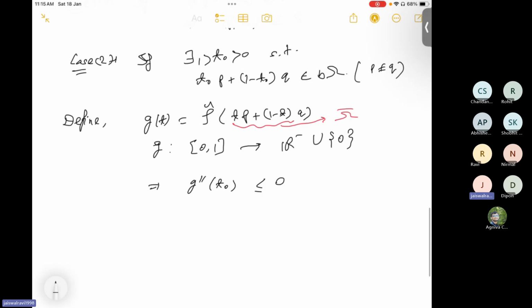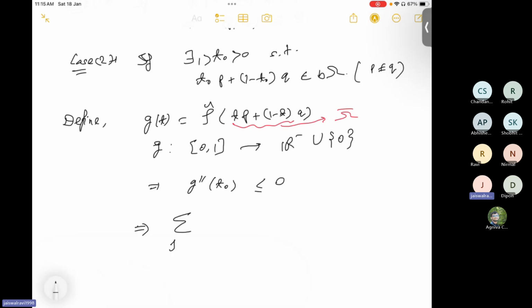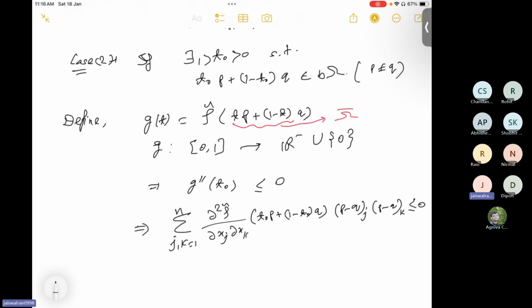If you write g double prime in the Hessian form of rho tilde, by using the chain rule, you get the sum over j, k from 1 to n of the second derivative of rho tilde with respect to xj and xk at the point t naught p plus 1 minus t naught q, times p minus q j and p minus q k, which is negative.